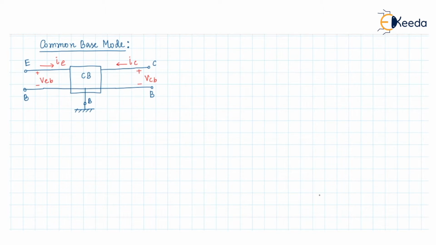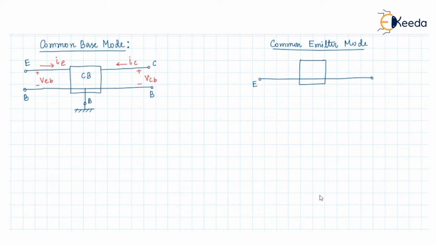If I denote the common emitter mode of connection, then I can draw the common emitter mode in this fashion: it will be a black box which is a transistor, and the emitter terminal will be common to both the input and the output port, which is grounded in this fashion.